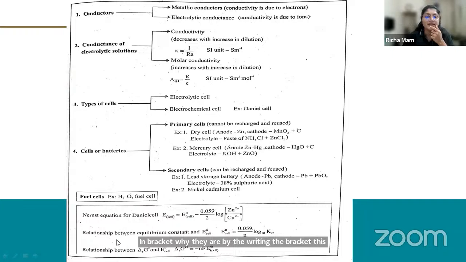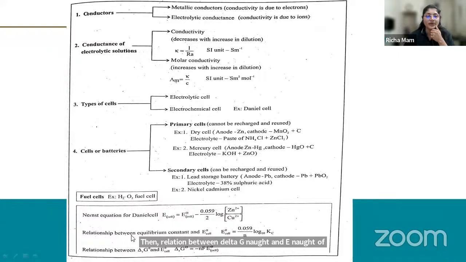Then the next is the relationship between the equilibrium constant and E naught cell. It is given by E naught cell equals 0.059 divided by n log to the base 10 Kc. Then the relation between delta G naught and E naught cell: delta G naught equals minus nF E naught cell.